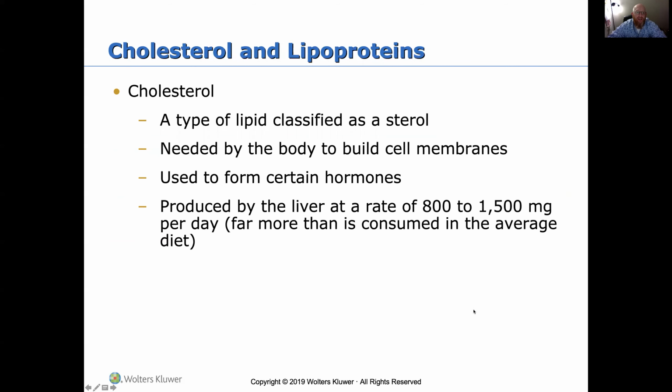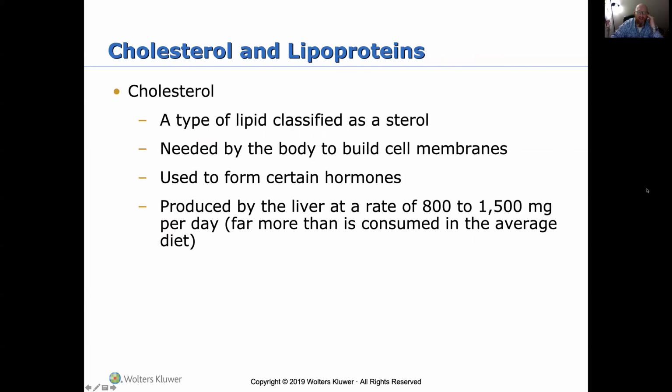So let's talk about cholesterol. It's a type of lipid or fat classified as a sterol. It's needed by the body to build cell membranes. So cholesterol in and of itself is not a bad thing. It's used also to form certain hormones. It's produced by the liver at a rate of 800 to 1500 milligrams a day. That's way more than you would consume in the average diet.